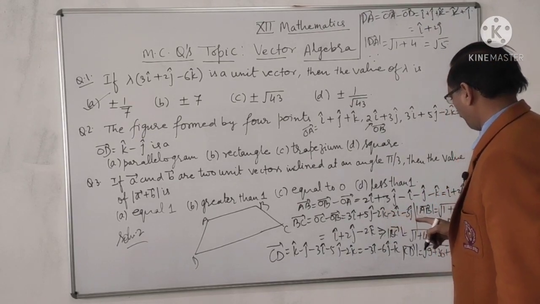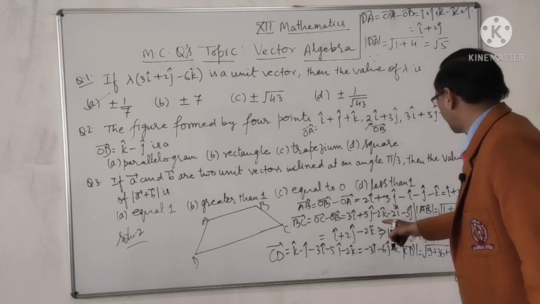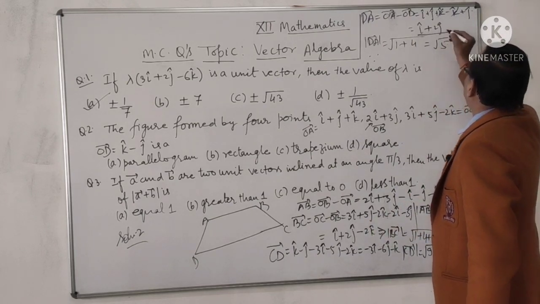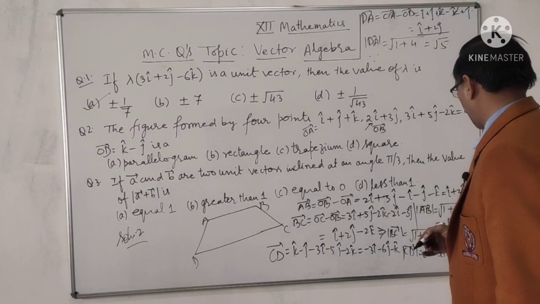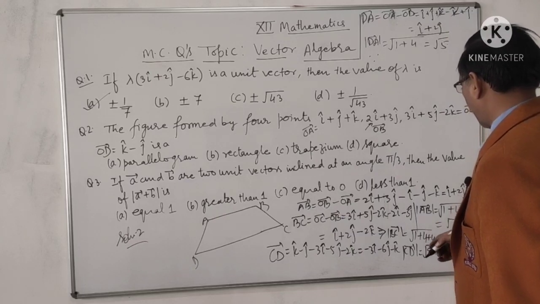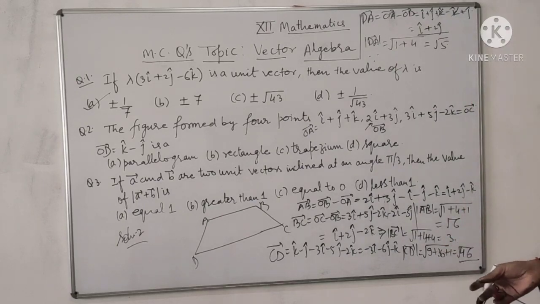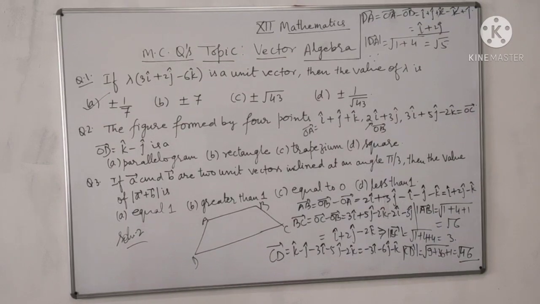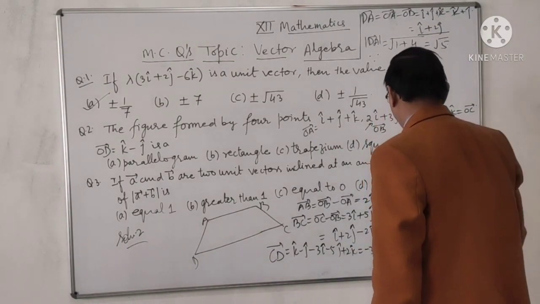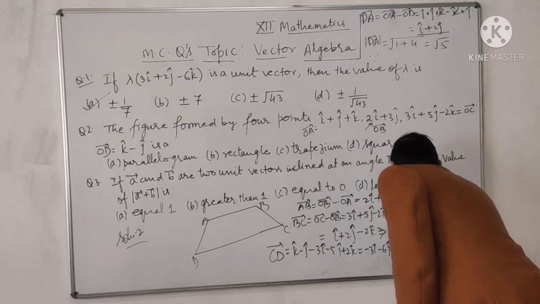but there is i plus 2j. It is 3i. Students, there is plus 3k, so it is plus 3k.